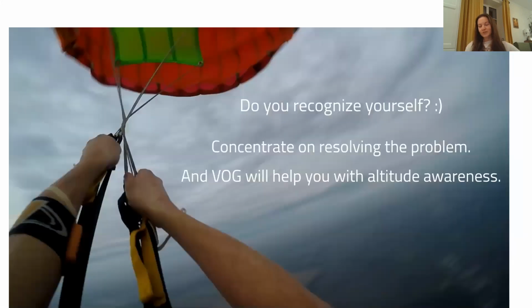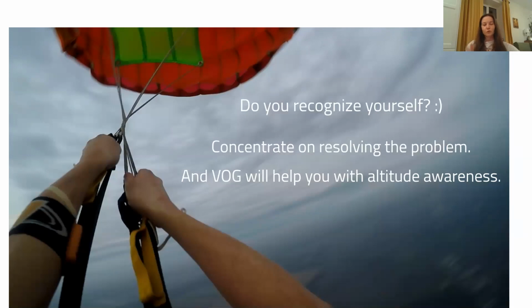Do you recognize yourself? Sometimes bad things happen, and sometimes such a bad situation can occur. But in such a situation, you have to concentrate on resolving the problem. And Vog will help you with your altitude awareness.